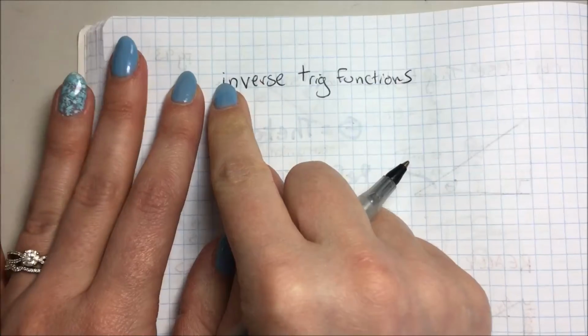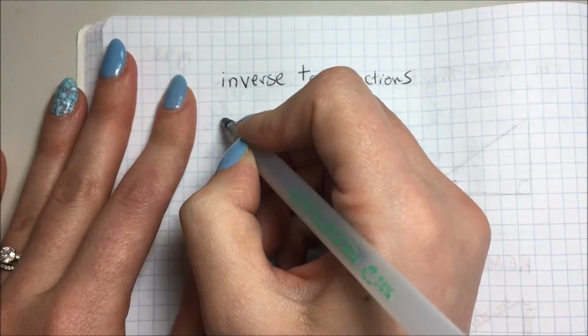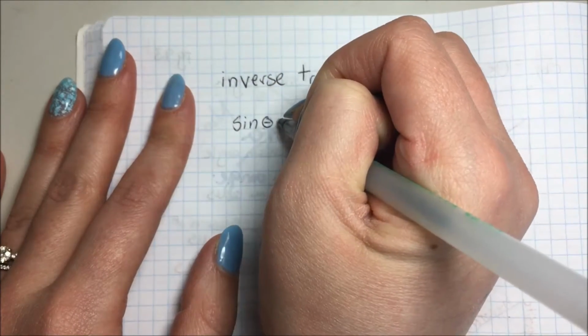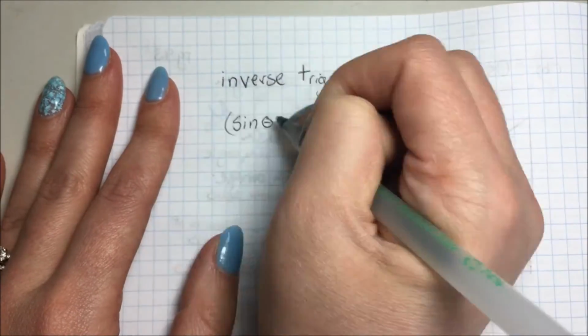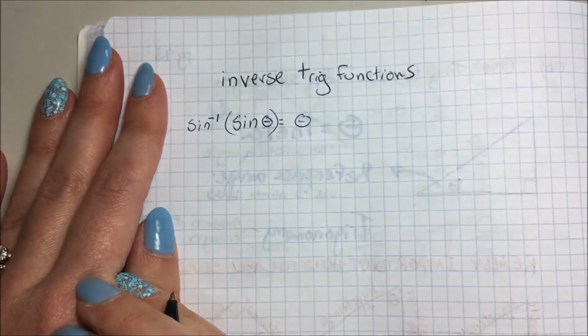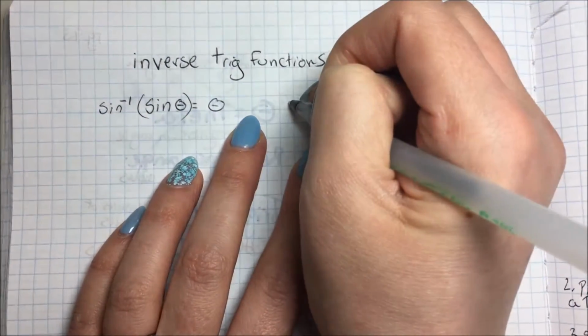So an inverse trig function undoes a trig function. If I had the sine of theta and I wanted to know what theta was, I would do sine -1, and that would just give me theta. And I'll show you where to find that on your calculator.